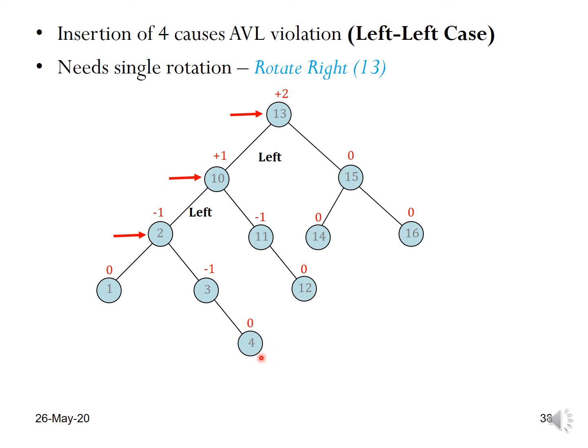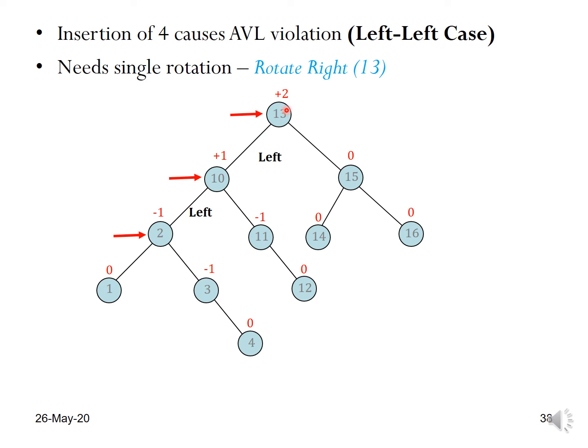Because 4 is here, we will go from this 13 to 10 to 2, then 3 to 0. So this is the left left right right case, but we will focus on the node which has the balance factor plus 2. So we will take three nodes from here, 13, 10 and then 2.